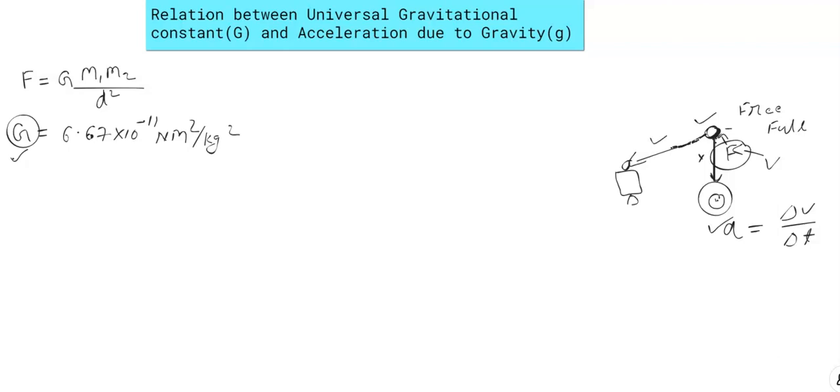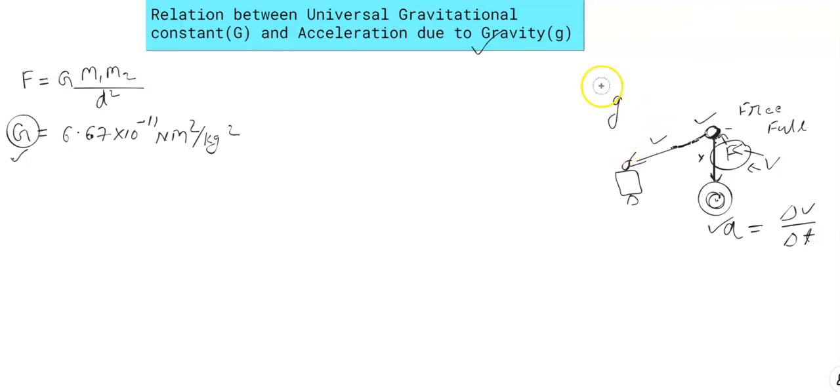So this object's velocity is being changed, then we can say acceleration is involved here, and this acceleration is caused by the earth's gravitational force. This acceleration is called acceleration due to gravity of the earth, and it is represented by small g. Okay, is that clear?